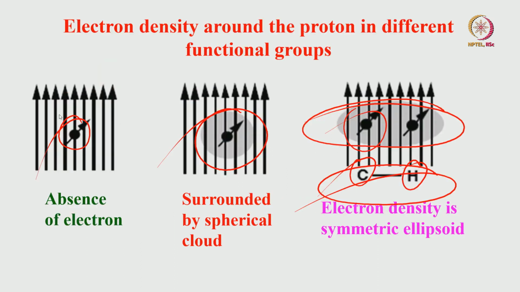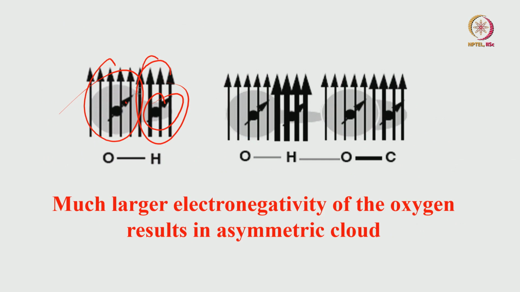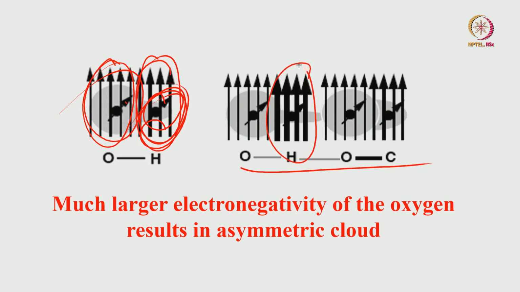Look at the arrows I have drawn: the thickness of the arrows here is uniform, and here also the same, because it is symmetric. But once you come here, the arrow thickness is greater compared to this, a thicker arrow, because here I call this proton more de-shielded. Come to another bond like this, the OH OC bond, here you see the arrow thickness is even more, more de-shielded because of oxygen on either side.